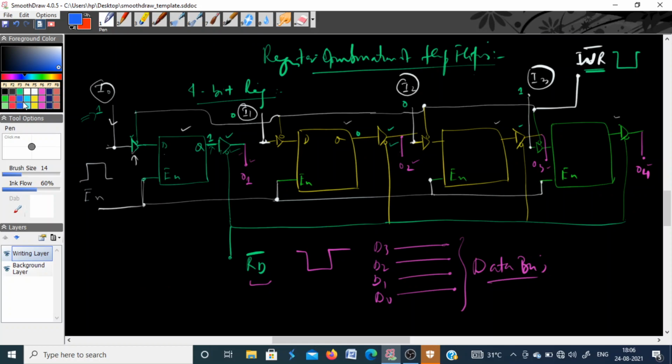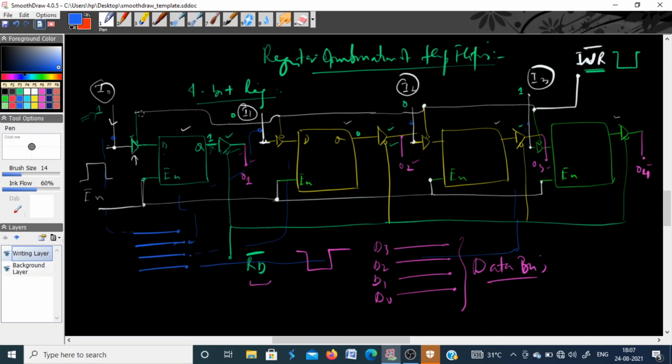How should you connect the databus with these input and output lines? All the 4 wires of the databus must be connected with the 4 input lines. Suppose this input I0 is connected with this line, I1 should be connected with the second line, I2 with the third, and similarly I3, the fourth input, with the fourth line.